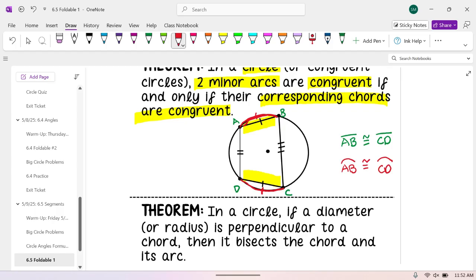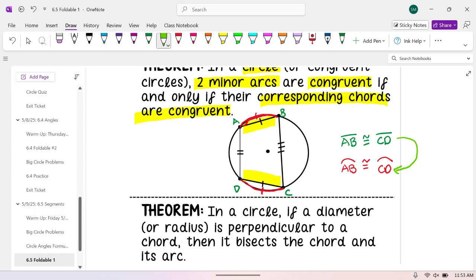They just have the same measure. So you have to have this statement in order to get this statement. If you have two congruent segments within a circle, that means the arcs that they form, between their 2 points, the arcs on the circle, are congruent.